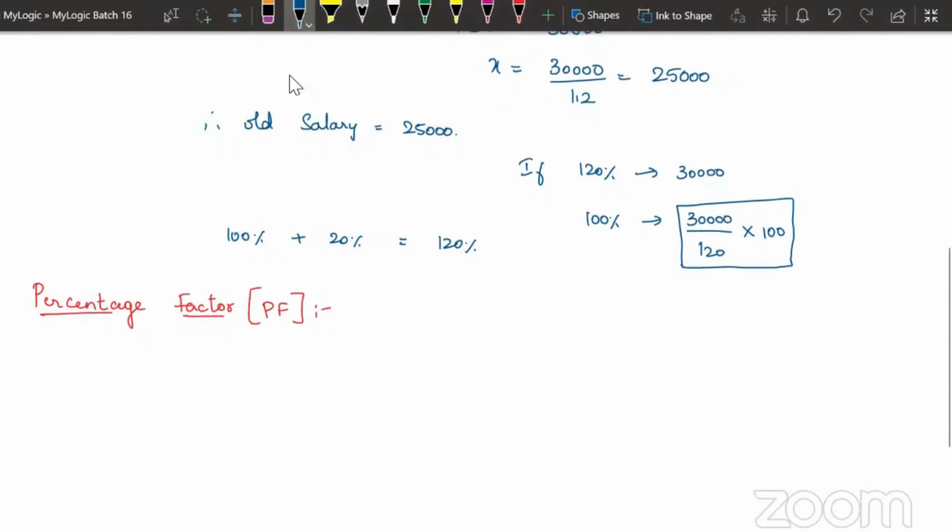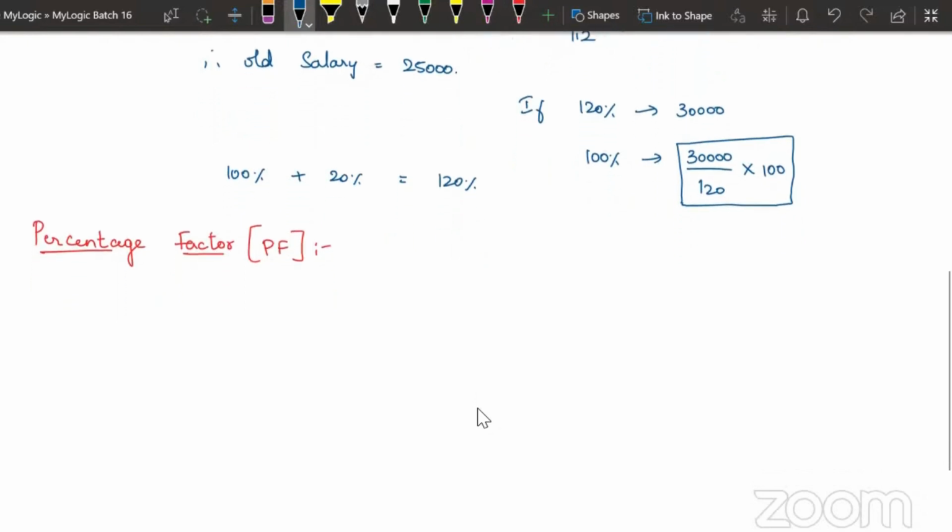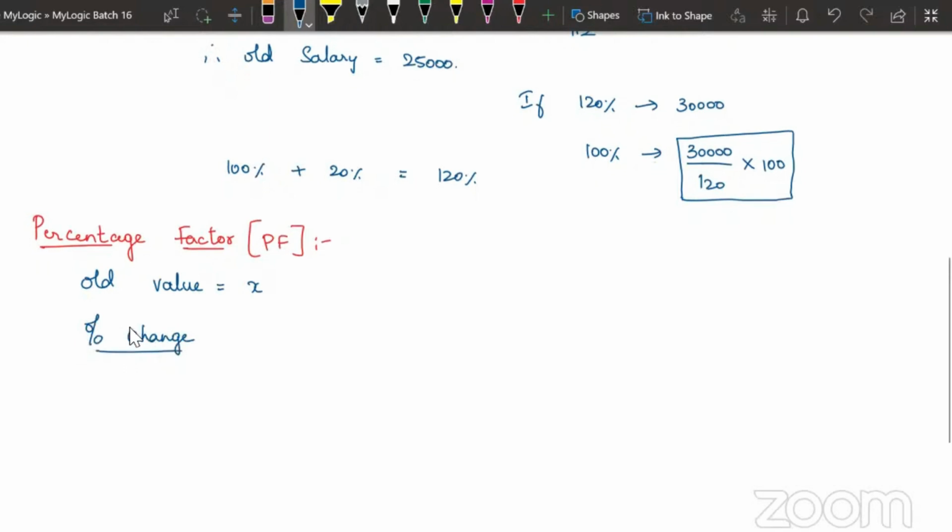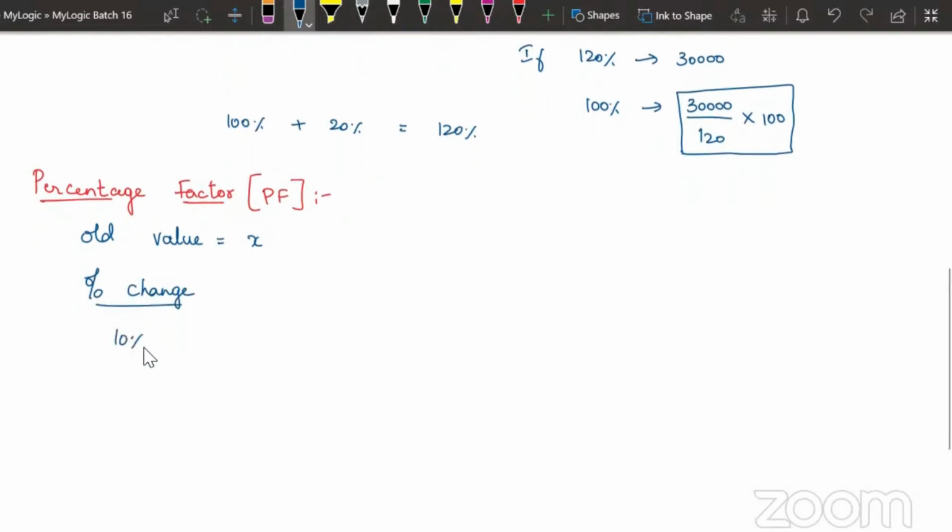So you have to understand whenever there is a percentage change given, how to apply it and get the required values. Now let us assume the original value is x, and there is a percentage change applied to this. Say for example, I will take the percentage change as 10%, so we are incrementing it by 10%. Maybe 10% profit, or salary getting increased by 10%.